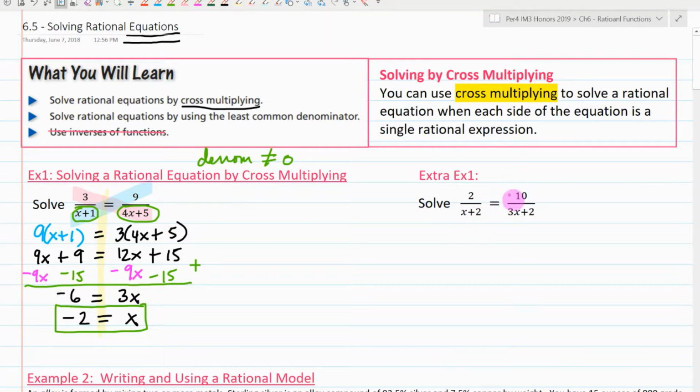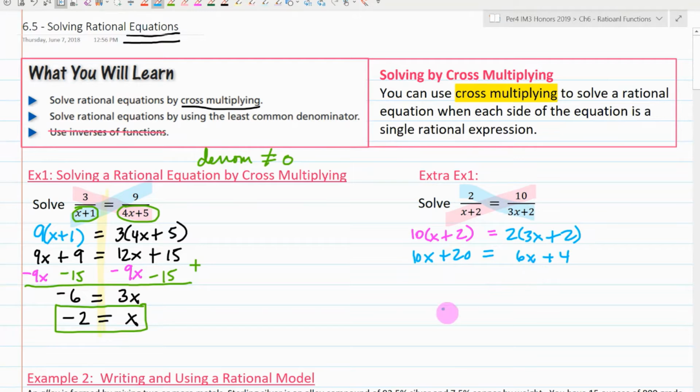All right, you should have done this by now. So I'm going to cross multiply these two. 10 times x plus 2. And then these two. 2 times 3x plus 2. So that gives you 10x plus 20 equals 6x plus 4.